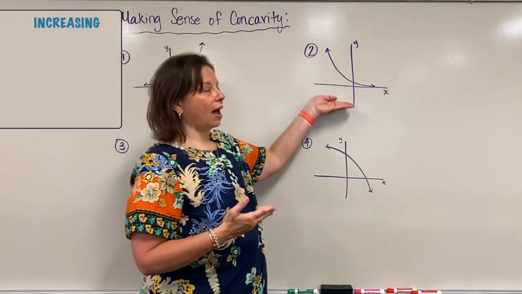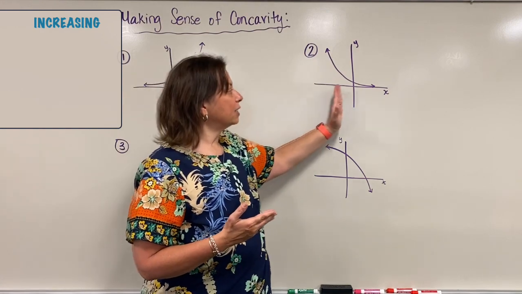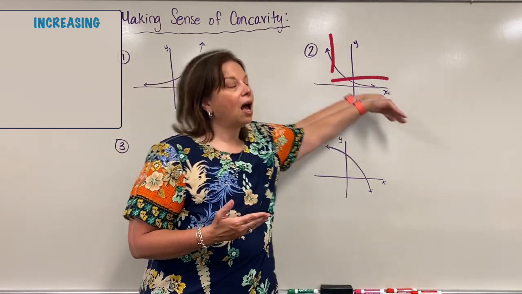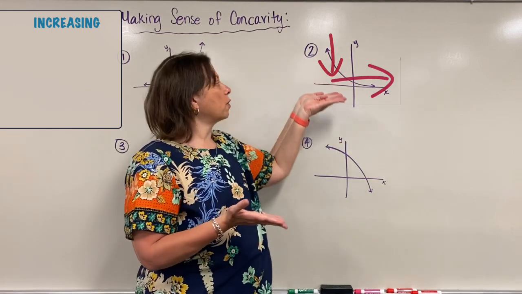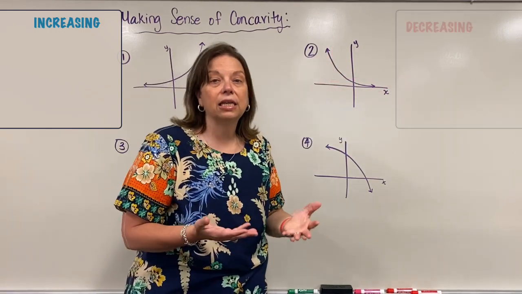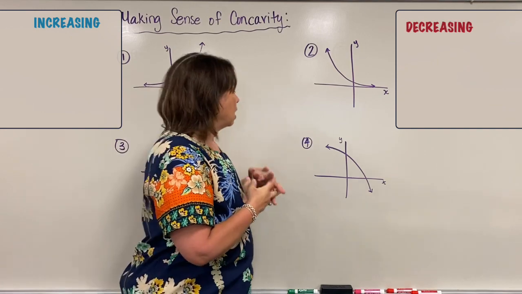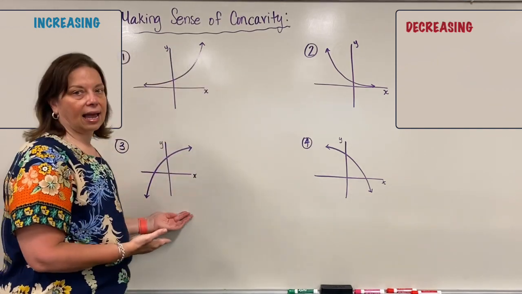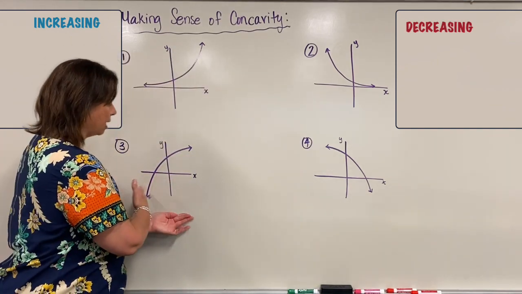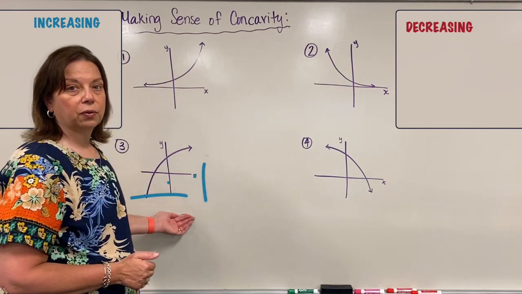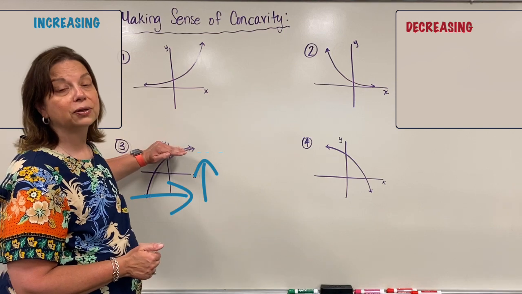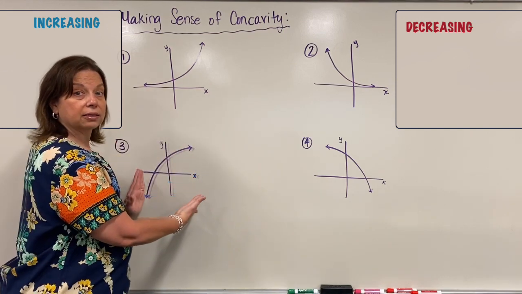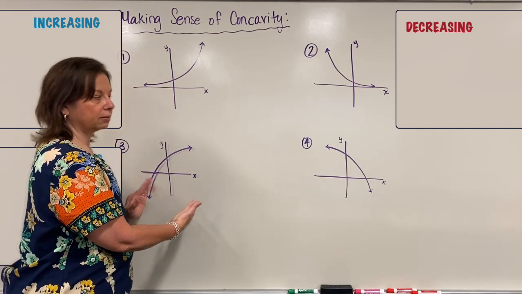Graph 2, however, as X increases to infinity, my Y values are decreasing, thus we would categorize this graph as a decreasing function. Graph 3, as X increases to infinity, the Y values are also increasing, so we would call this an increasing function.